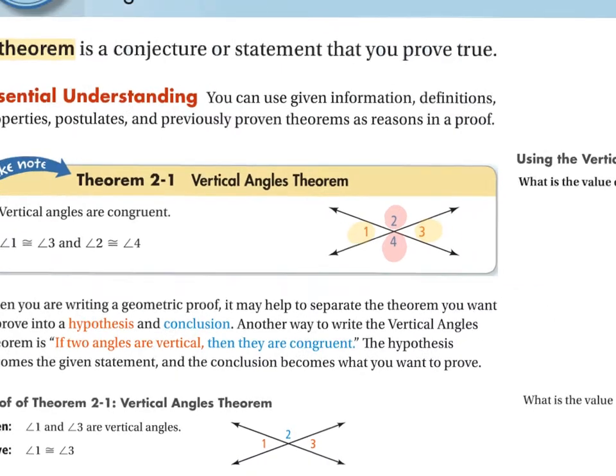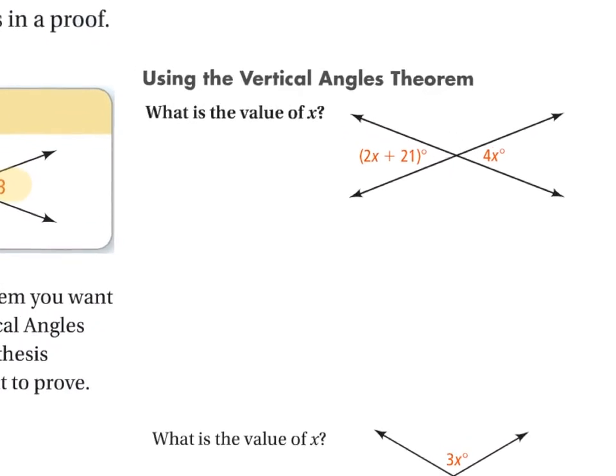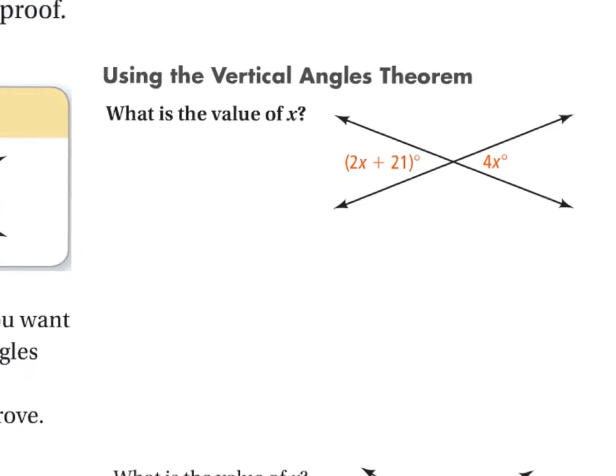So now we're going to use that theorem to find the value of x. Looking at this problem, what is the value of x? They have this diagram for us. Well, what do you know about those two angles? Hopefully you're thinking they're vertical because they're across from each other. So they're vertical, which means they're also congruent, so we know they're equal.